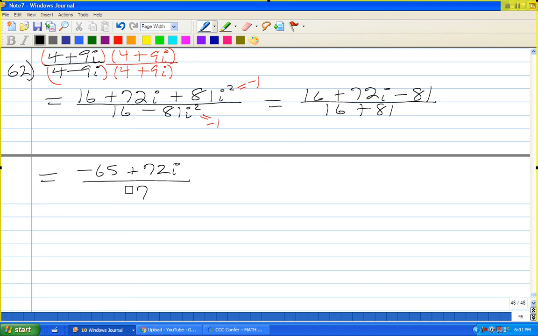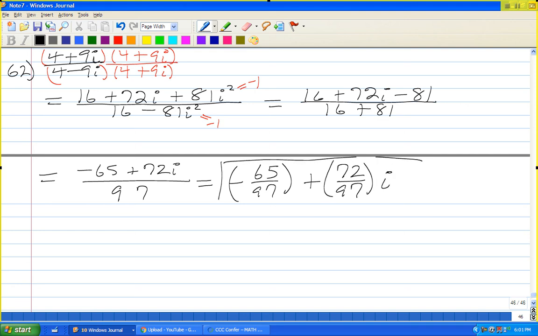So I can write this as negative 65 over 97 plus 72 over 97 i. And that is your answer, 63.